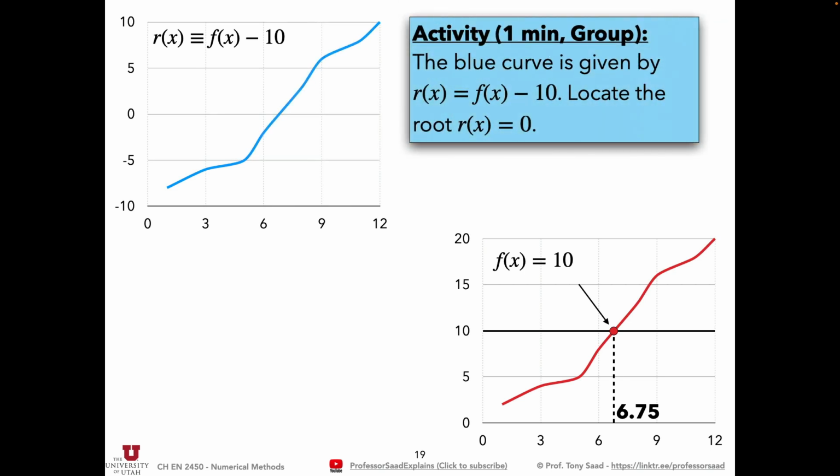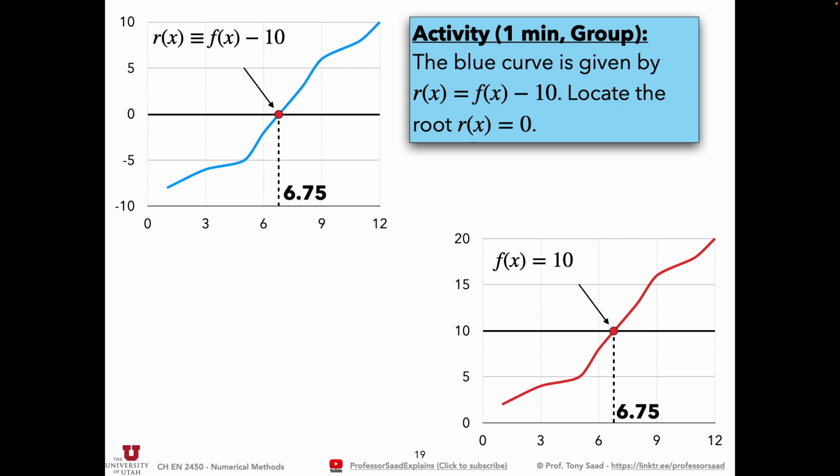And then I'll ask you, what is the root of r of x equals 0 now? Is it the same root as f of x equal 10? Remember, r of x is f of x minus 10. Visually, at least, you should be able to see that for r of x, the intersection with 0 is going to give you the same exact root. Okay? So what we did here, simply moving whatever is on the right-hand side, putting everything on the left-hand side, and renaming that function into a new function and making it equal to 0 is going to give you the same root as f of x equal 10.